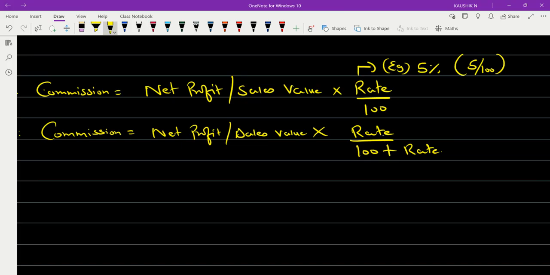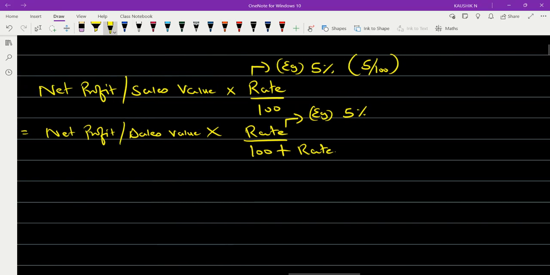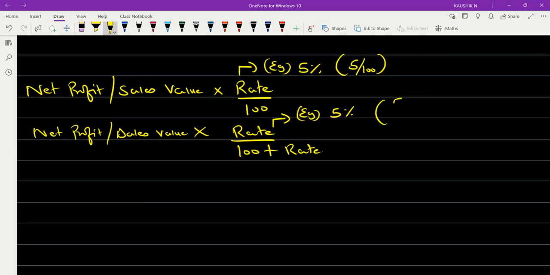அப்போ இங்க எப்படி சார்? Let me give you an example. Suppose it is marked as 5 percentage, then it will be 5 by 100 plus the rate 5, so it will be 5 by 105.